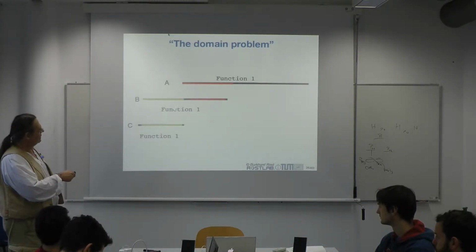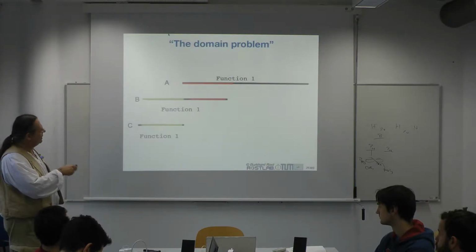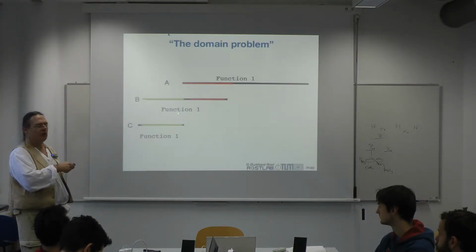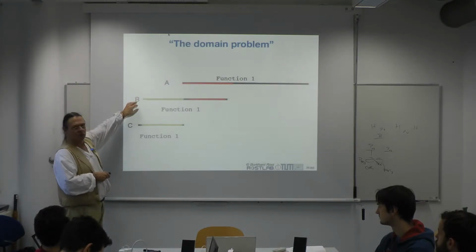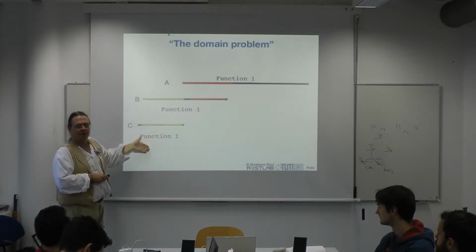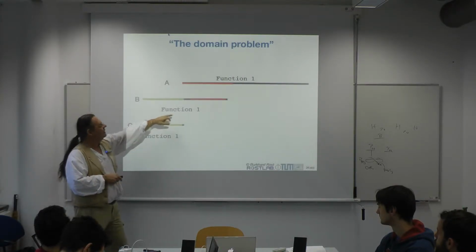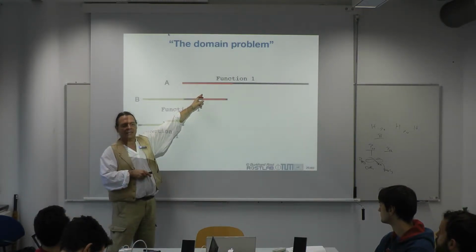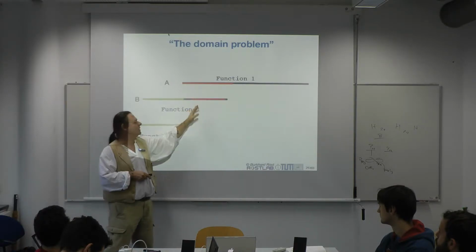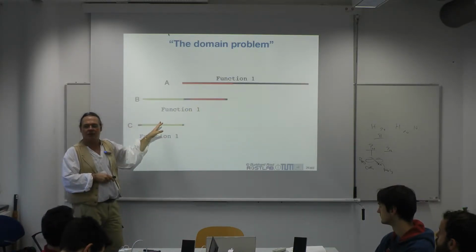Now, in this particular case, this assignment here is not consistent. But if you wouldn't have that one here, you wouldn't know. So if you only had these two, this is called function 1, you would infer that this is called function 1 too, because it has the same green region. These two have the same red region, so you would also give them the same function, but immediately you see that there's some clash here.